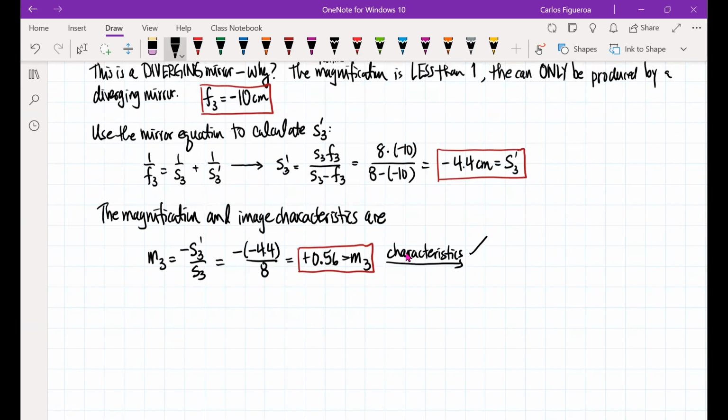So the characteristics tells us that we have a plus sign, and that plus sign tells us what? That the image is erect and real. Ooh, not real. That's virtual.